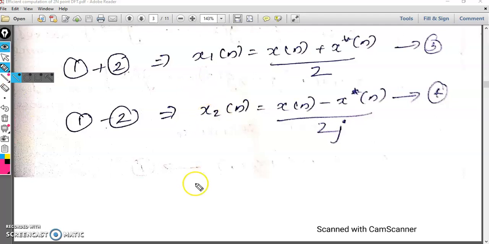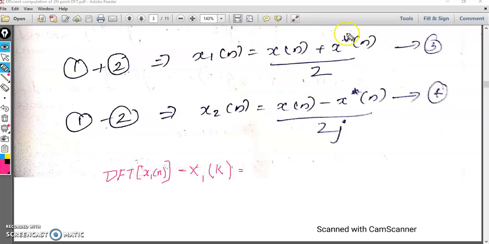We know that x1 of k is the DFT of x1 of n. So what is x1 of k? From equation 3, on the left-hand side we take the DFT.